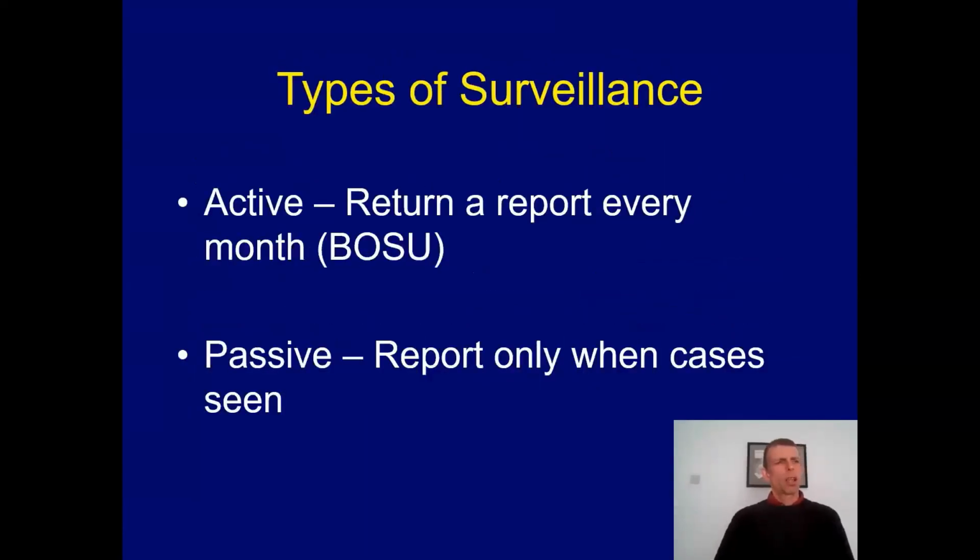There are one or two additional types of surveillance, but the main types are either active or passive, with the key difference being that in an active system, researchers solicit a regular response from participants, either a positive response or a negative response, whereas in a passive system, researchers only request to receive the positive case reports as and when they are seen.